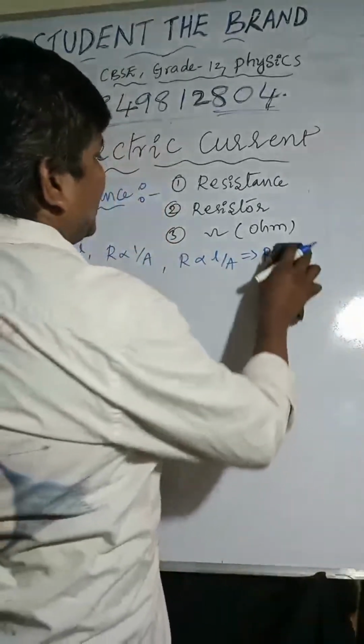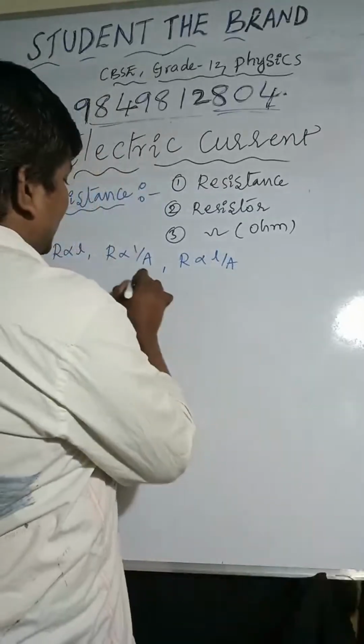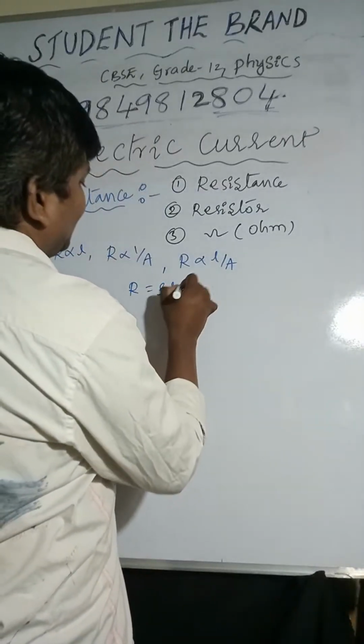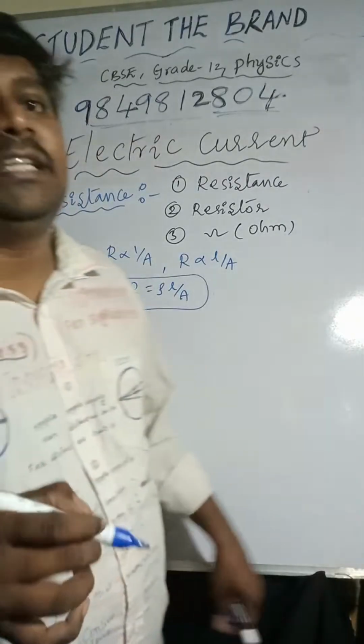L by A. Sir, here what is rho? The new term. R equal to rho into L by A. Rho is nothing but resistivity.